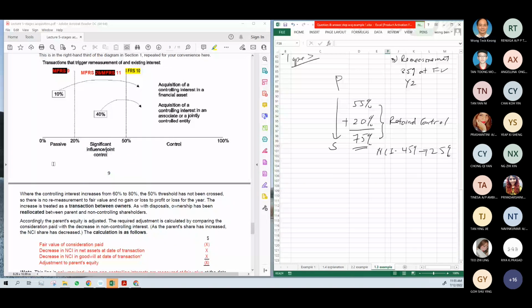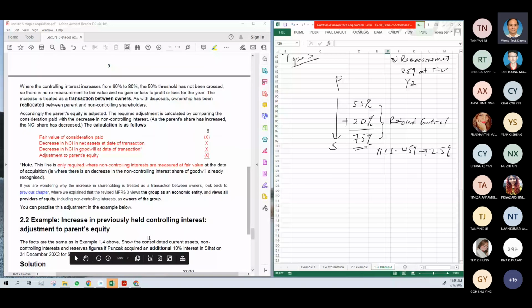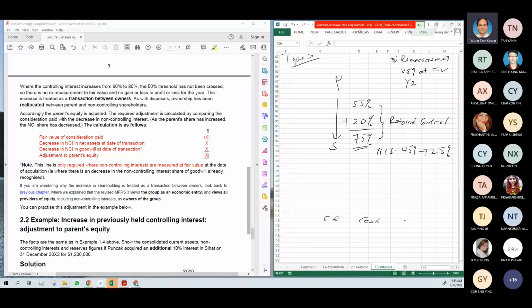Now we go to 2.1 here. When you buy another 20%, you must pay money for the 20%. So when you pay cash, you credit cash. If you defer payment, you pay later, a payable, credit here.